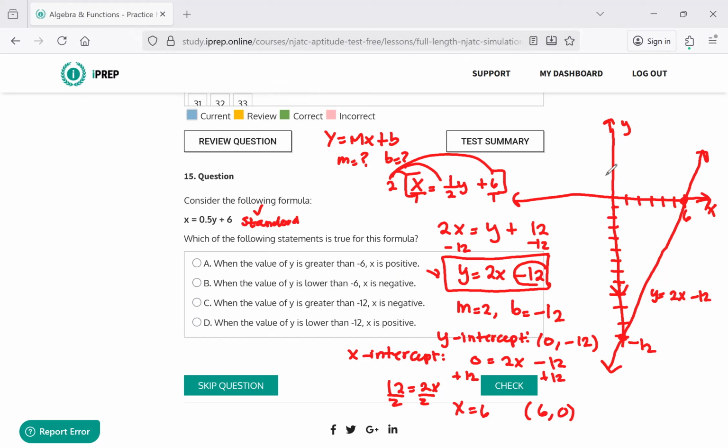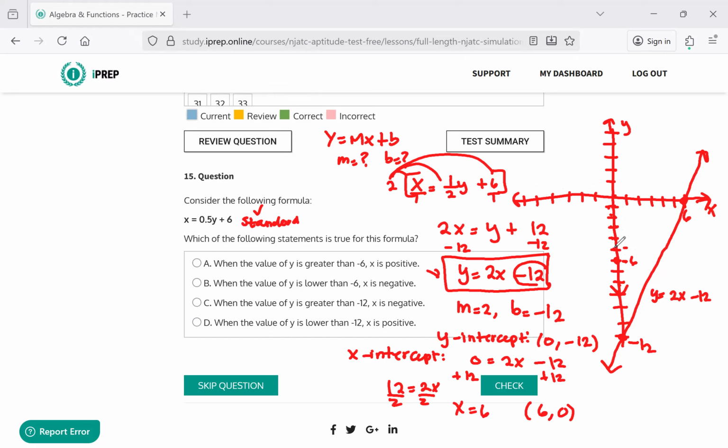When the value of y is greater than -6, so on the y-axis, locate -6. Here, let me put more marks here. -1, -2, -3, -4, -5, -6, right here. So when the value of y is greater than -6, so anything larger than -6, so that includes -5, -4, -3, -2, -1, and 0, the x is positive.